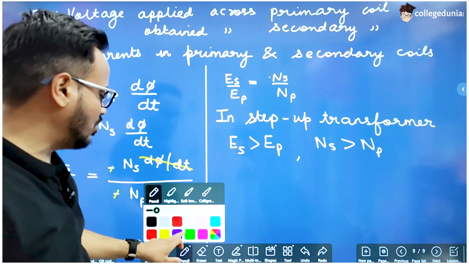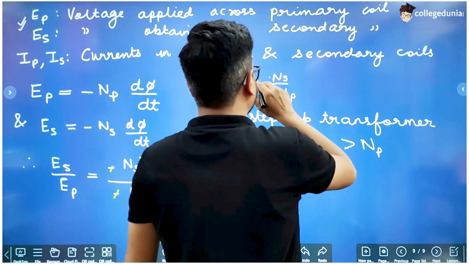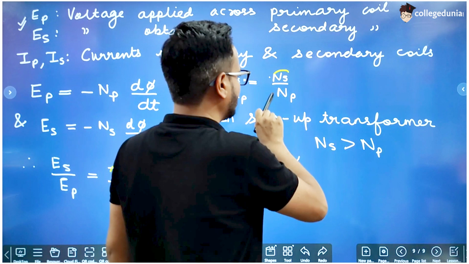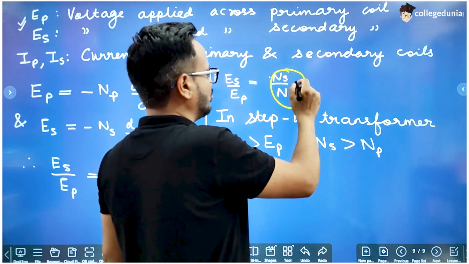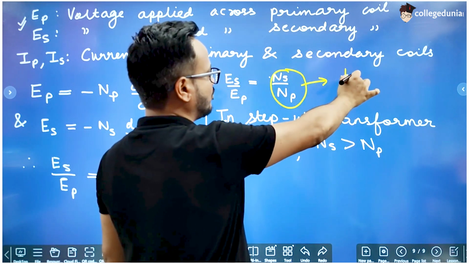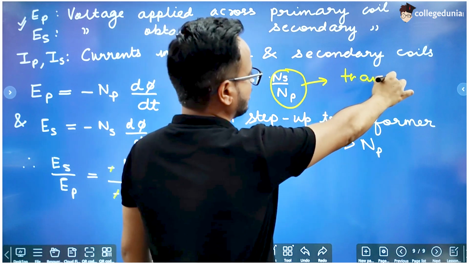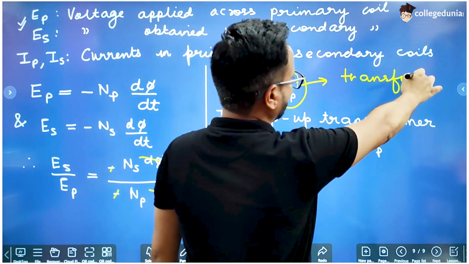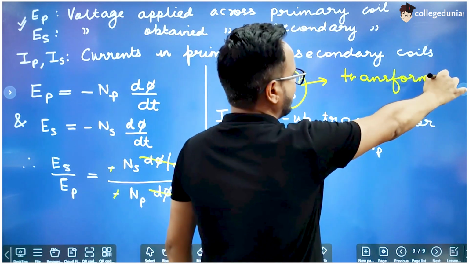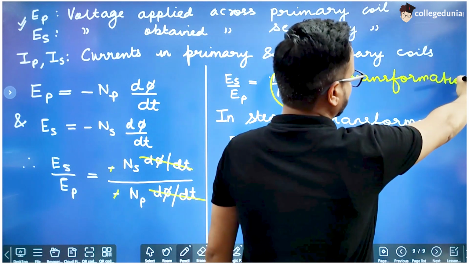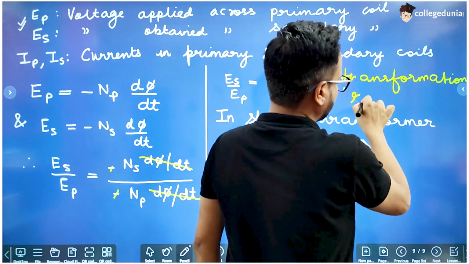And this ratio, this or this, because both are equal, is called the transformation ratio.